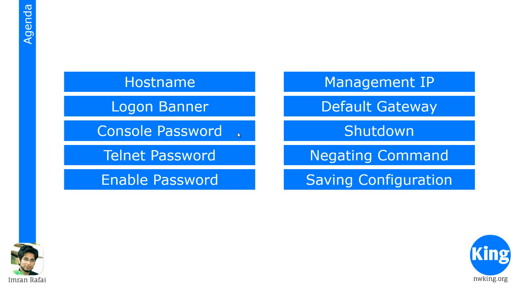GNS3 does a good job with switches, but there are some features in the switch that we cannot really use. So for this video and some of the videos, I will make use of another software created by Cisco called Cisco Packet Tracer. Please don't ask me how you can get access to Cisco Packet Tracer. You can Google it. You need to be part of a network academy to get access to Cisco Packet Tracer.